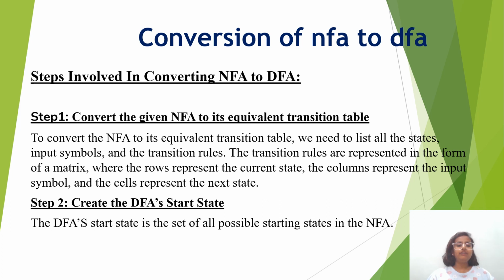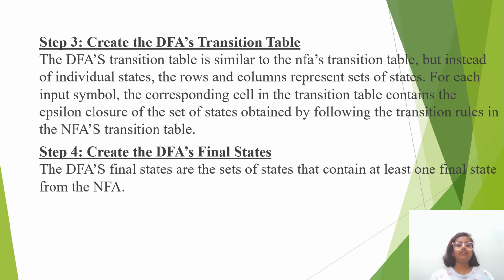Step 2. Create the DFA start state. The DFA start state is a set of all possible starting states in the NFA. In step 3, create the DFA transition table. The DFA transition table is similar to the NFA's transition table, but instead of individual states, the rows and columns represent sets of states.